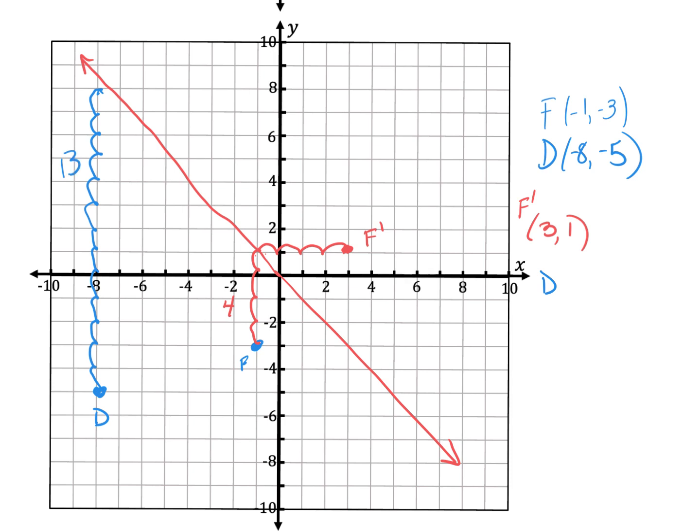Okay. So again, count it up. Now I have to count right. 13. From 8 to 0. So that's 8, and I need 5 more. 1, 2, 3, 4, 5. So D prime is going to be at 5, 8.